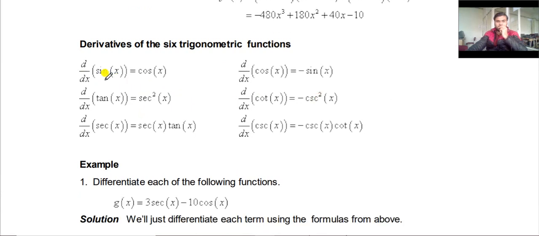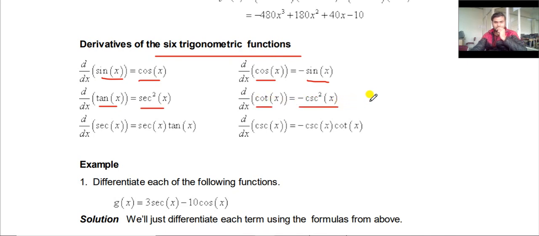Now there are some trigonometric functions. The differentiation of sin x will be cos x, differentiation of cos x will be minus sin x. dy by dx means its differentiation. Differentiation of tan x will be sec square x, and the differentiation of cot x will be minus cosec square x.